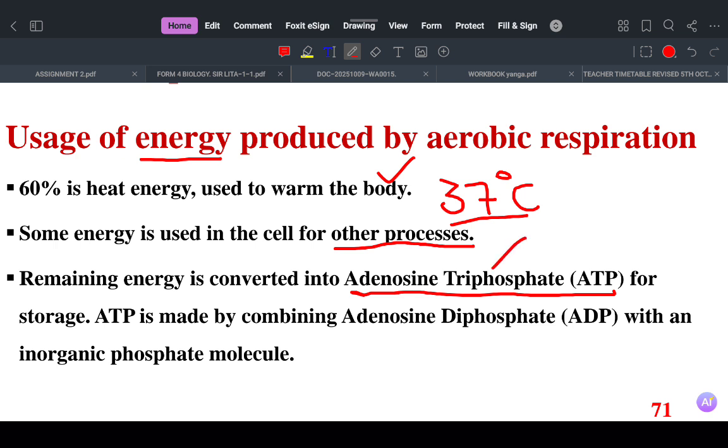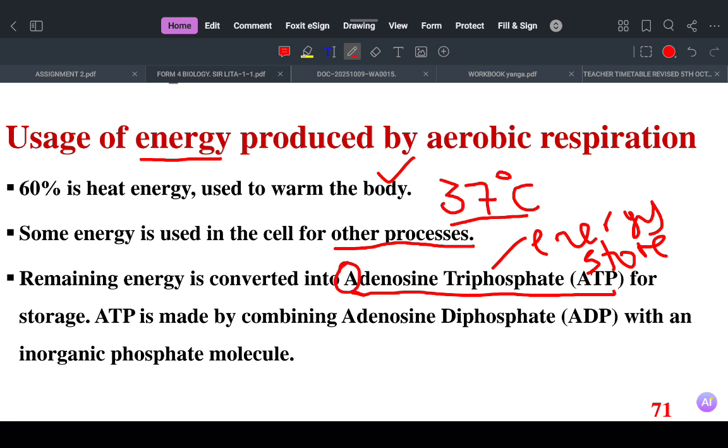So this acts as an energy store. All right. So energy in your body cells is stored as a molecule ATP. Okay. So ATP is short for adenosine triphosphate.